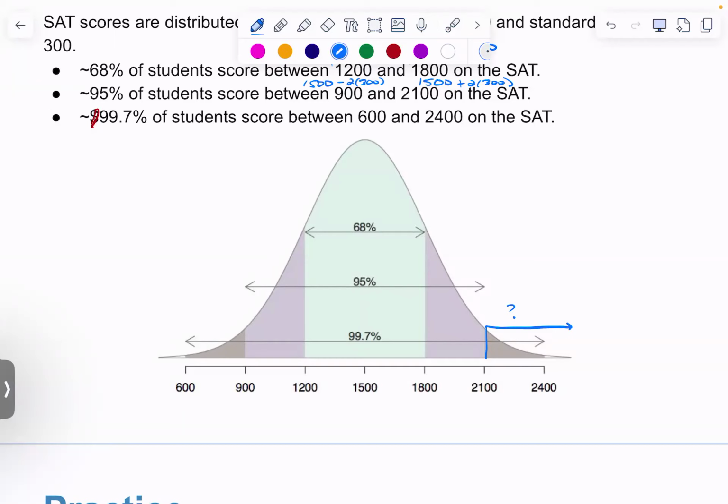And so now that's going to be 1 minus 0.95 divided by 2, because it has to be symmetric, evenly distributed across the mean. And so that's going to be 0.025. So the probability of scoring higher than 2,100 is 2.5% or 0.025. You can use those.